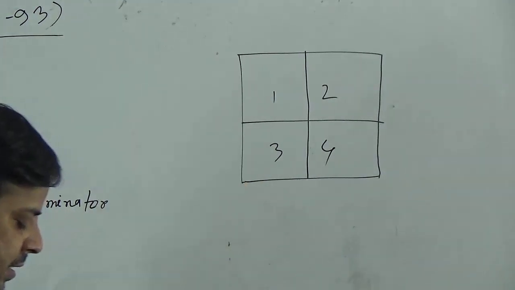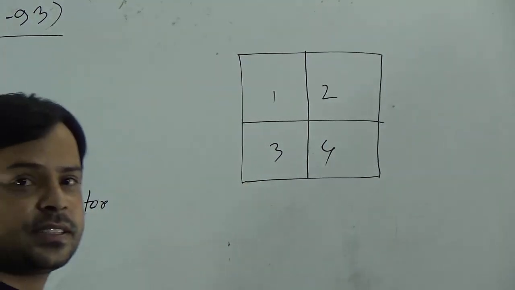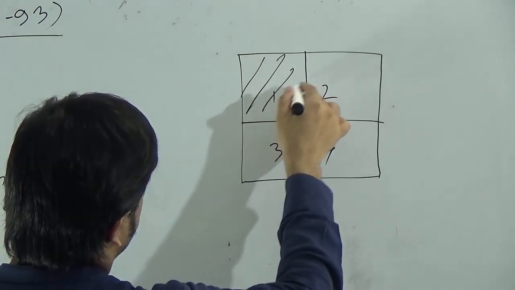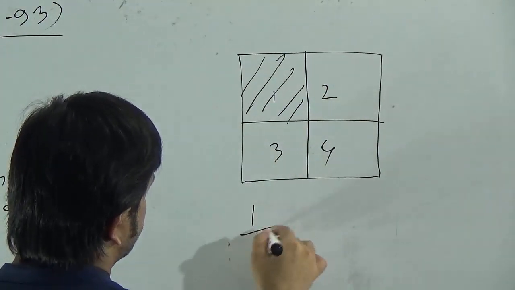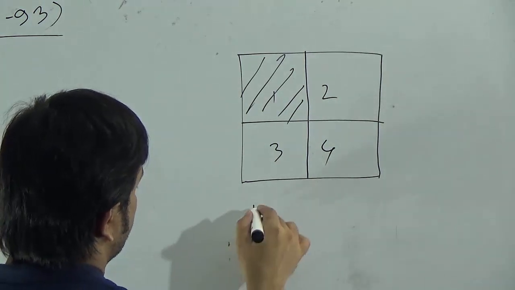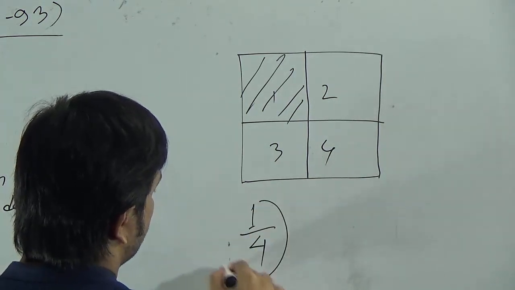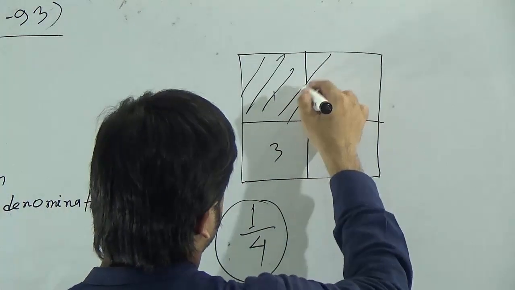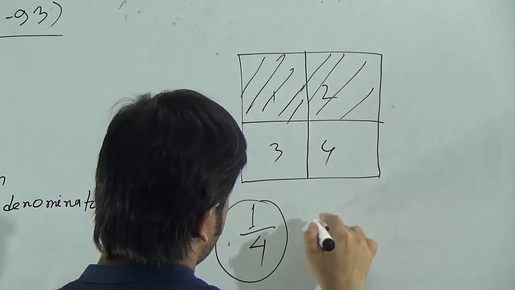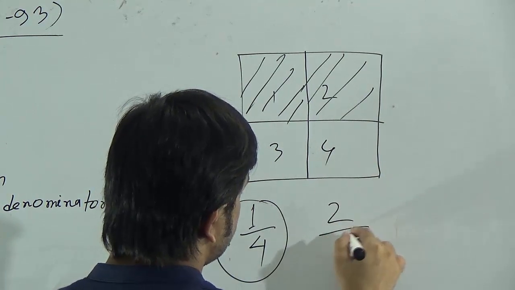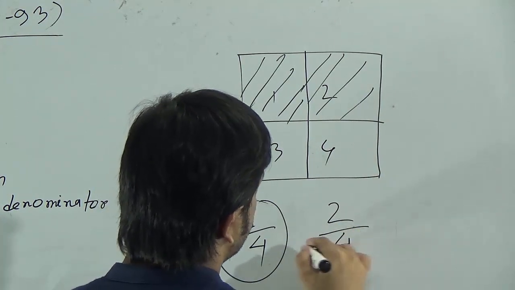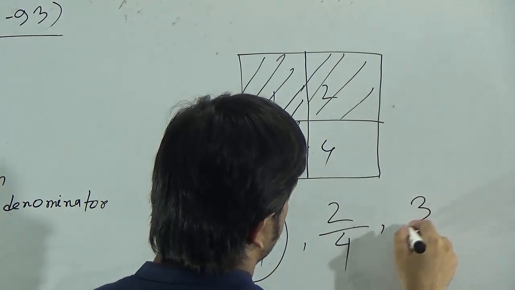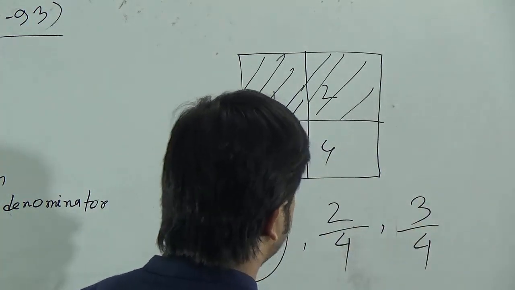If I take only one part from the total, we can represent this in this way. I have taken one part from the whole. If I take two parts, we can represent this 2 by 4. If I take 3 parts, then we can represent this 3 by 4.